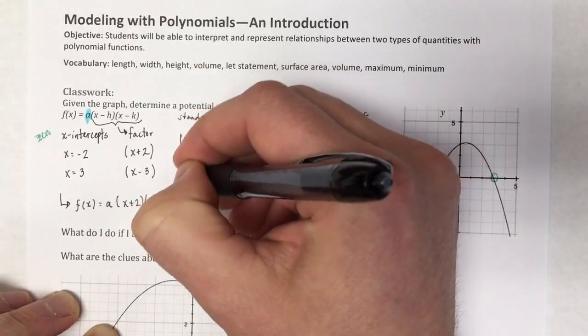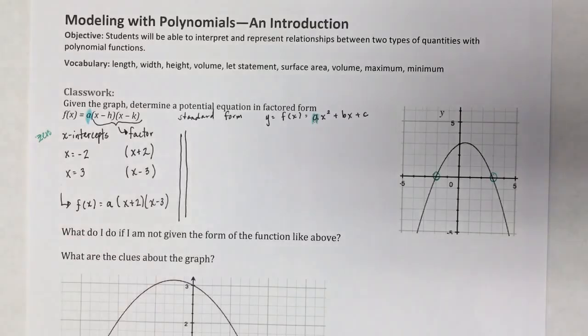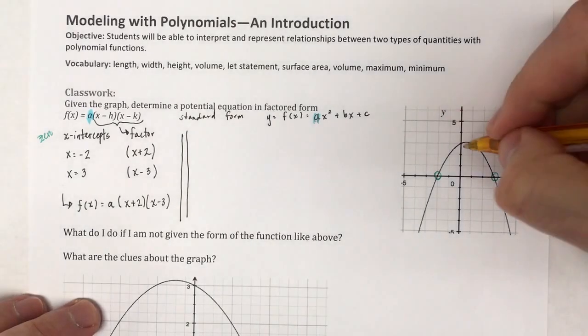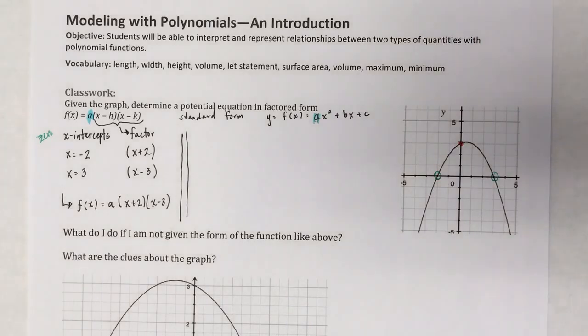And so from here, you're probably wondering, what do I do next? How does this ultimately help me get the equation? And so what we need is a third point. And so this is really, really important. If I want to make sure that I have a quadratic equation, I need 3 points to define it. 2 points alone can be used to create tons and tons of different quadratics.